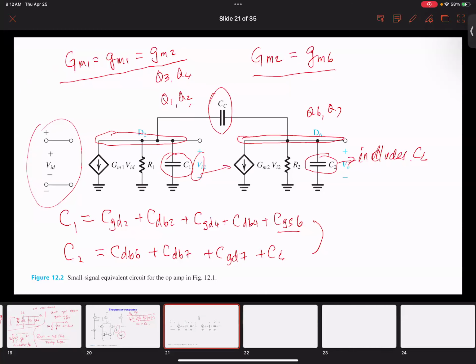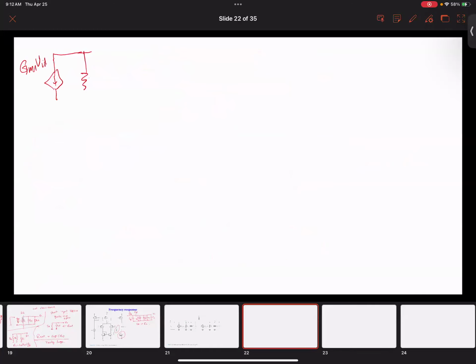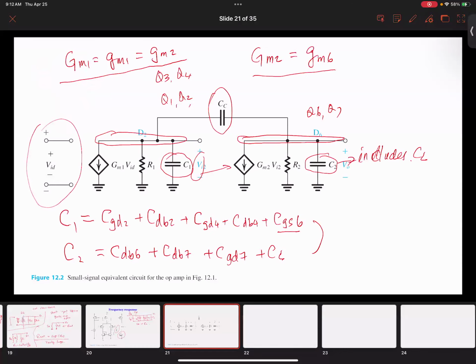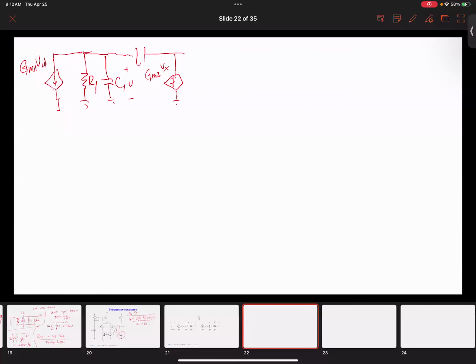And then we have R1, and then we have C1, then we have CC, and then we have GM2, which is capital, equal to GM6 times Vx. What they call VO1 or VI2, we can call this VI2. And this is CC, and this is R2, and this is C2, and this is your VL.